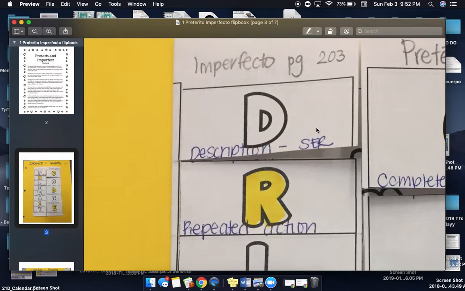So, yo soy una profesora, o tú eres un estudiante, right? That's in the present. Now, because we're talking about the past, we are describing. Nosotros éramos estudiantes. Ella era la profesora de español. So any descriptions with the verb ser are going to be using the imperfect.